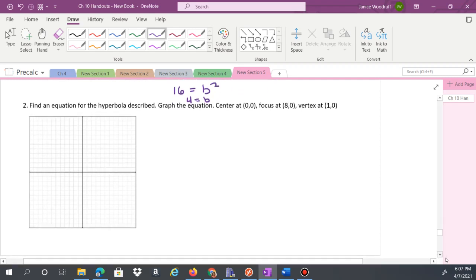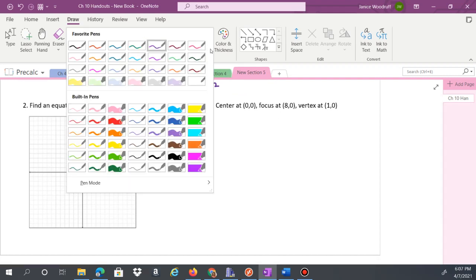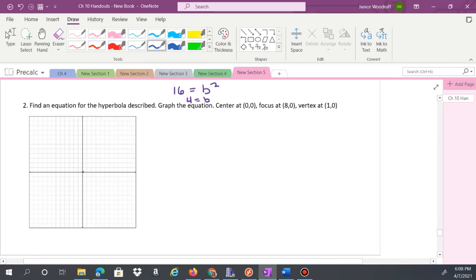Okay, so here we have find the equation for the hyperbola described, and then we've got some information. So you have a center at 0, 0. You have a focus at 8, 0. Which means you have another focus at negative 8, 0.